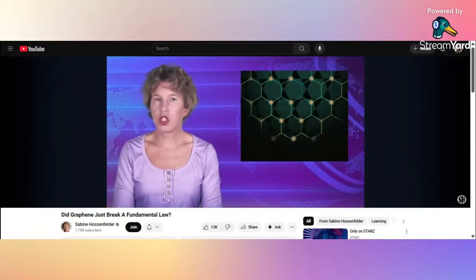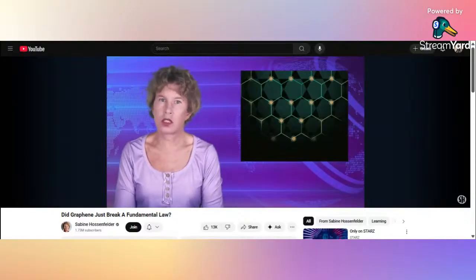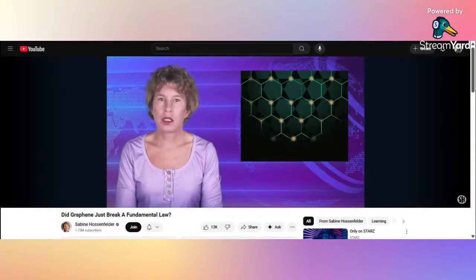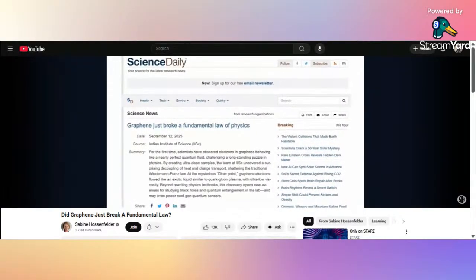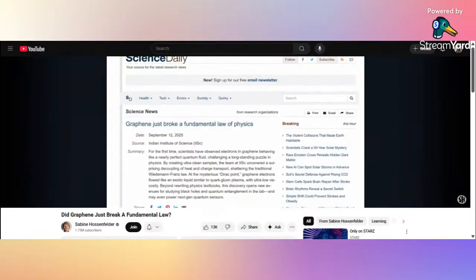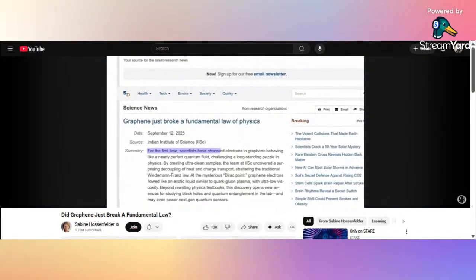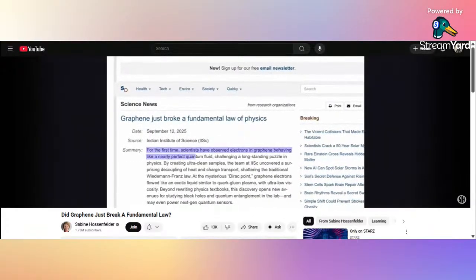Graphene has been the future of technology for 2 decades now, so at this point it's starting to look like German airport construction. I think it's fair to say it's been somewhat overhyped. But what's new? Well, according to the new press release, not only did graphene break a fundamental law, the researchers have also, for the first time, observed electrons in graphene behaving like a nearly perfect quantum fluid.